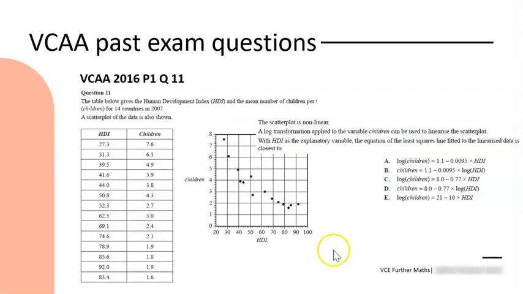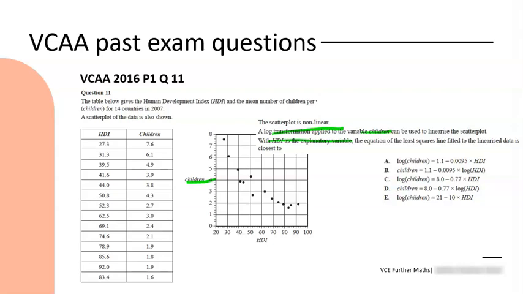So the scatter plot is non-linear. A log transformation is applied to the variable children to linearize the scatter plot. With HDI as the explanatory variable, the equation of the least squares line fitted to the linearized data is closest to. So very much like the previous example, firstly we want to think about what form should our answer take.